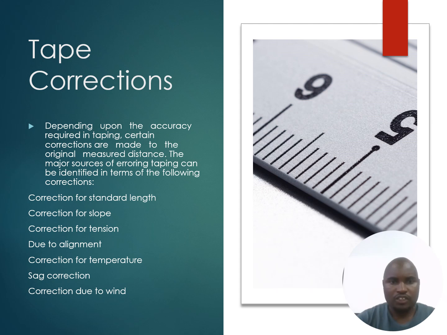The major sources of taping errors can be identified in terms of the following corrections: corrections for standard length, for sloping, for tension and alignment, for temperature, sag corrections and corrections due to wind.